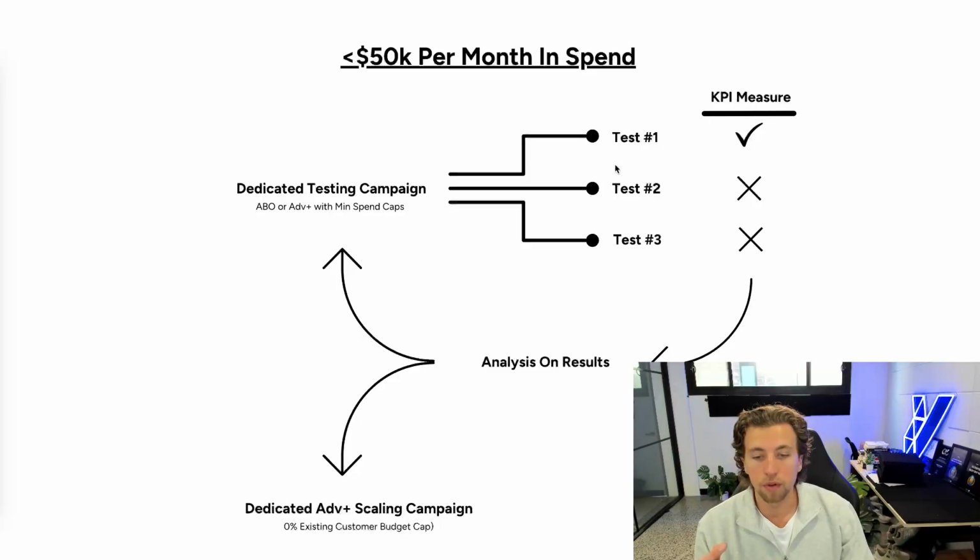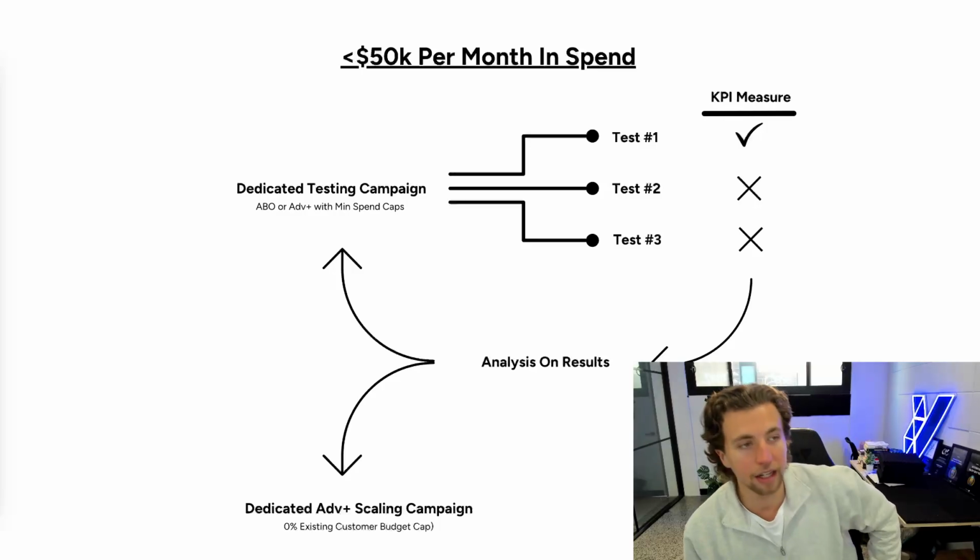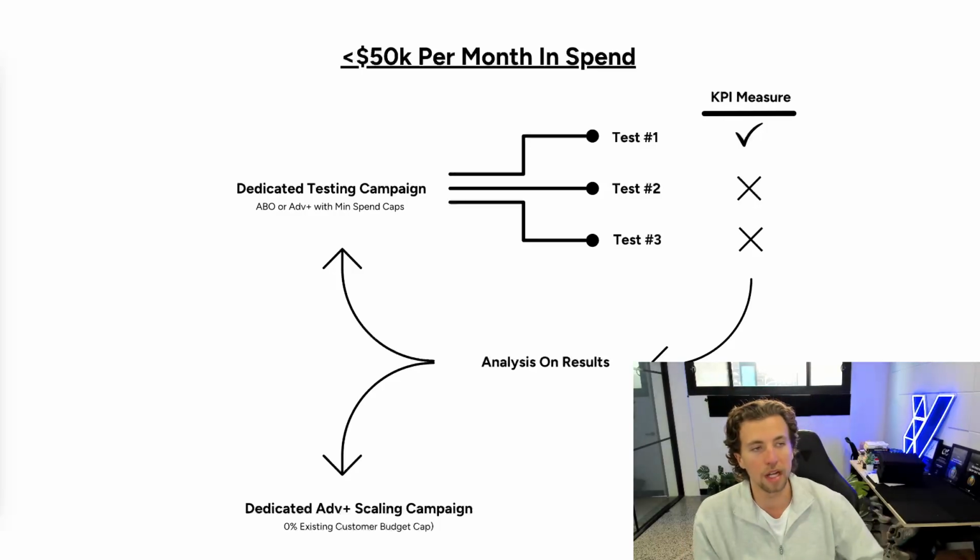If creatives are performing exceptionally well, they also get pulled down into a dedicated Advantage Plus scaling campaign. This has exclusions on existing customers. So you're forcing these creatives only into cold audiences. Sitting next to these 2 campaigns also sits a dedicated retargeting campaign. Now, this is optional, which is why we haven't put it on the screen.